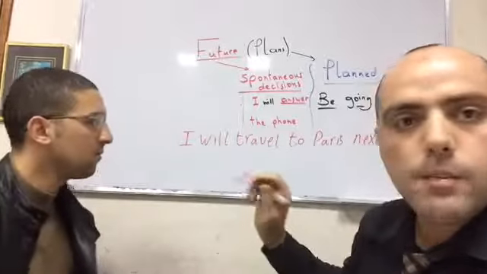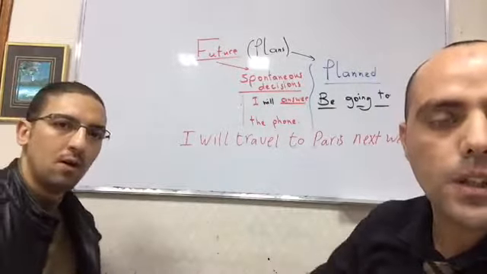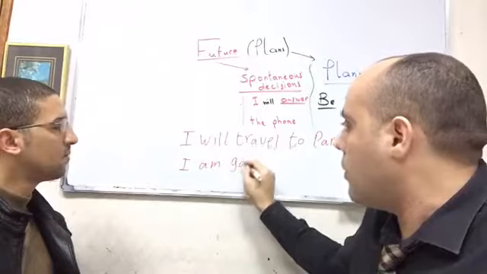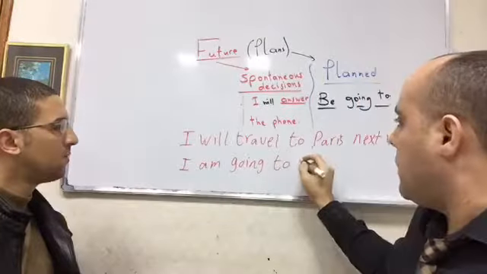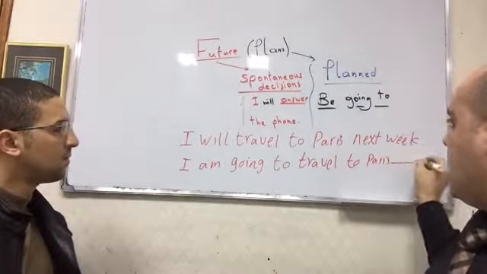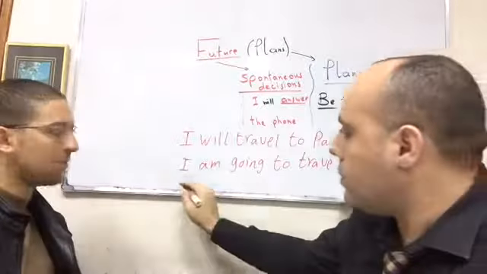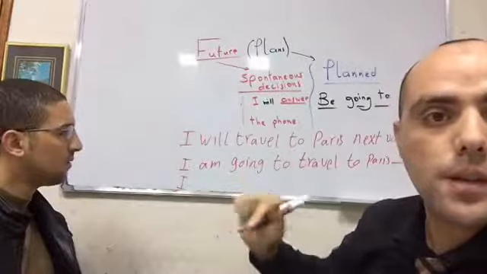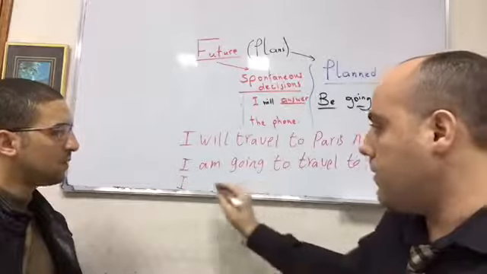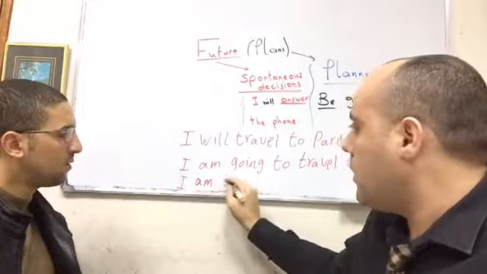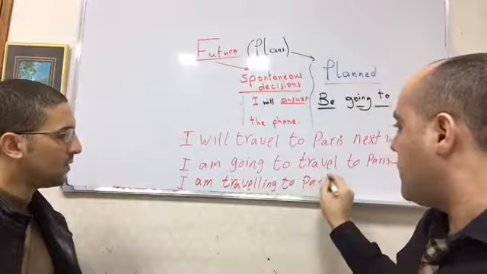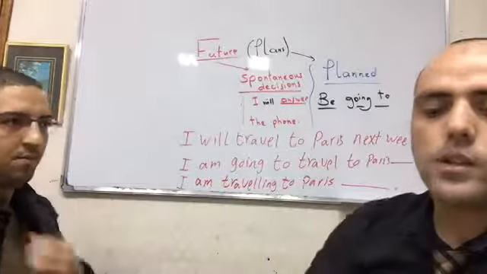The same meaning, but using be going to: I am going to travel to Paris next week. And also I'm going to use the present continuous tense, with the verb travel in the present continuous. And we're going to know the difference between the three of them. So, I am traveling to Paris next week.